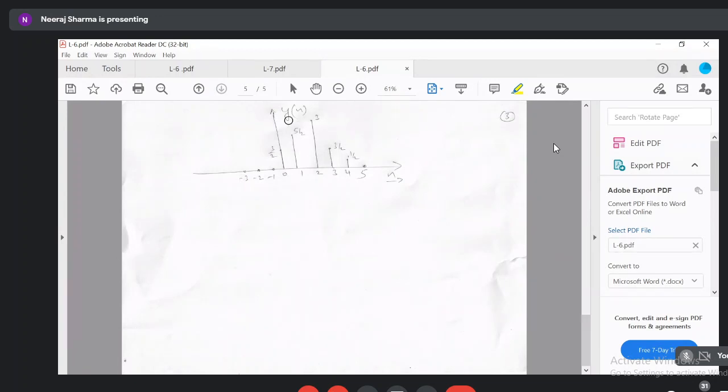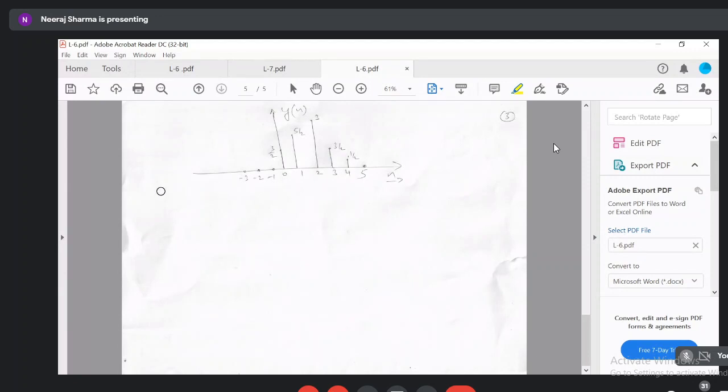This is the output sequence that we have obtained now. That is y of n is equal to 3 by 2 for n is equal to 0. At n is equal to 1, y[n] has a magnitude equal to 5 by 2. At n is equal to 2, it has a magnitude equal to 3. At n is equal to 3, it has a magnitude equal to 3 by 2. At n is equal to 4, its magnitude is equal to 1 by 2. And for n greater than 4, the magnitude of the output sequence is 0.